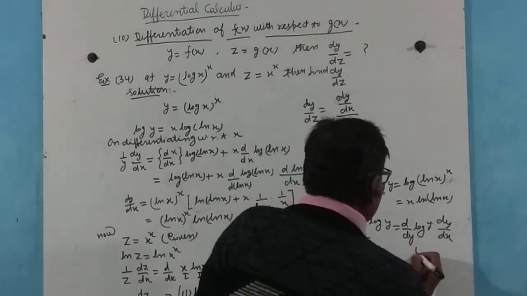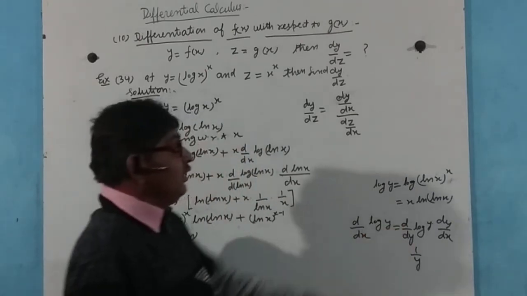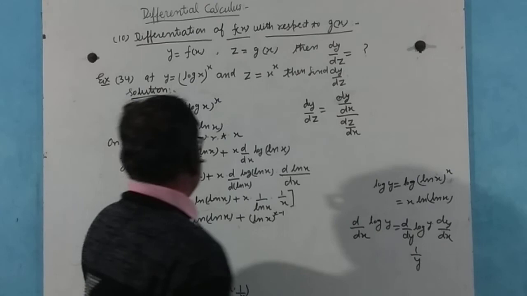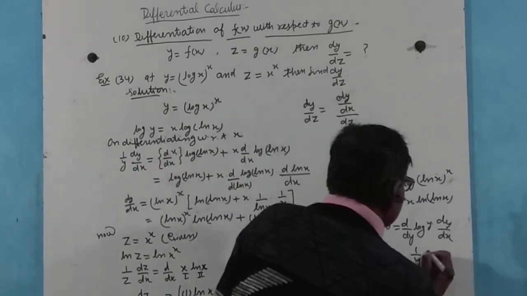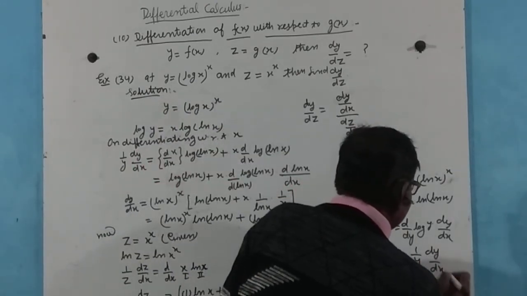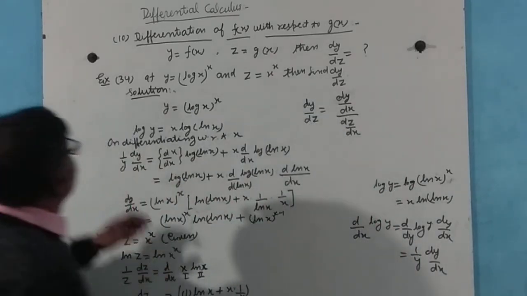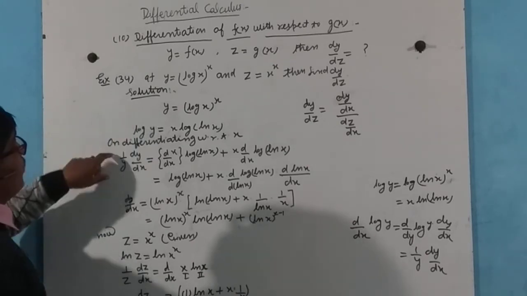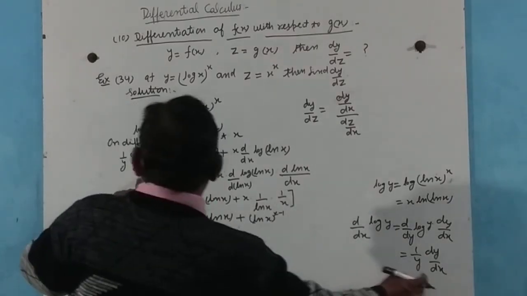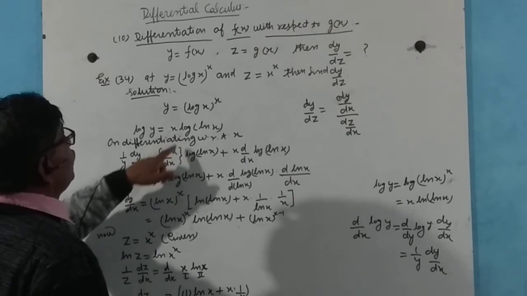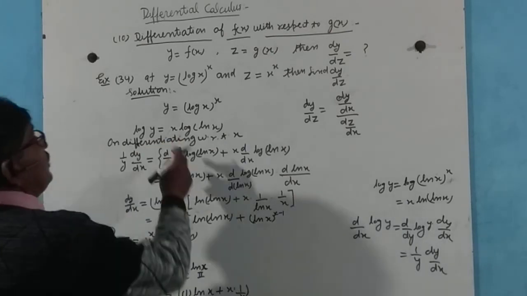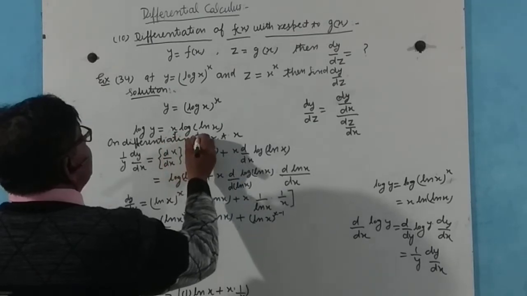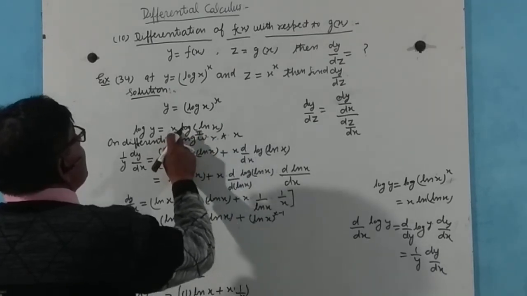The differentiation of log y with respect to y is 1 by y, and this is dy by dx, so after differentiation this can be written as 1 by y dy by dx here. Also differentiating the right side, this is a first term and this is a second term.